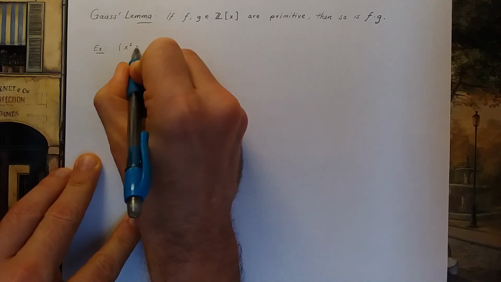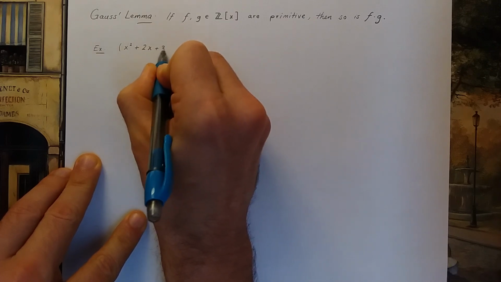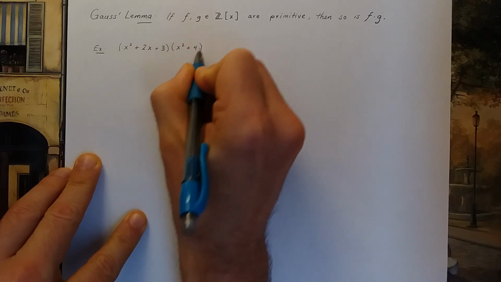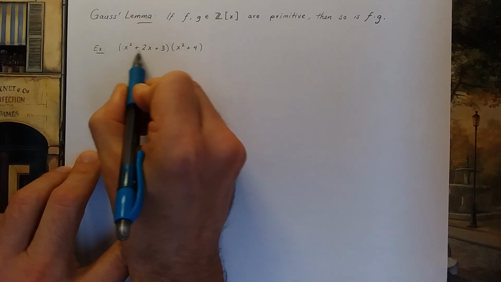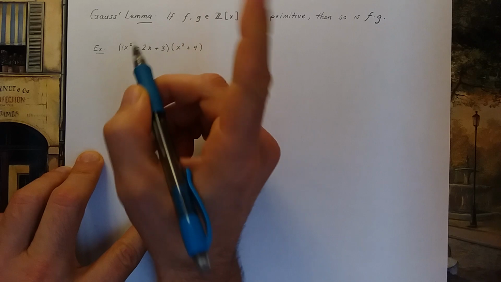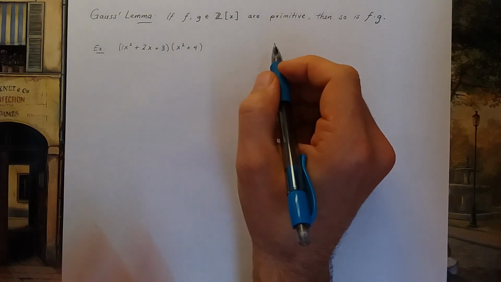The polynomials x squared plus 2x plus 3 and x squared plus 4 individually are primitive. This polynomial is primitive because the greatest common divisor of 1, 2, and 3 is 1, and the greatest common divisor of 1 and 4 is 1.